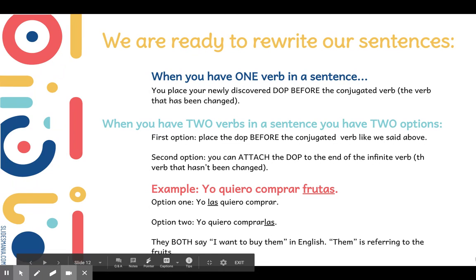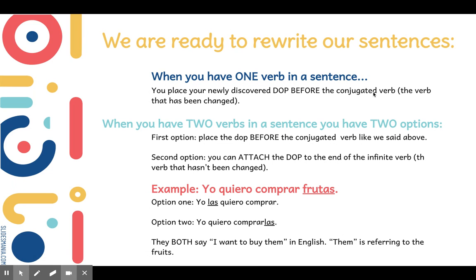So what is a conjugated verb? It's that verb that you changed in the sentence, okay? That verb that you changed the ending for, the AR, ER, and IR ending. So you're going to put your "me," your "te," your "lo," your "nos," whatever DOP you picked, before the verb, okay?